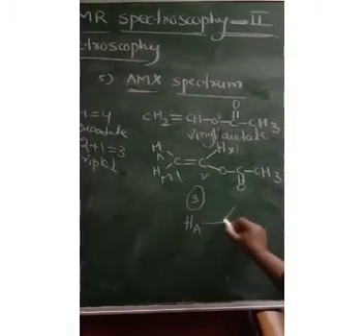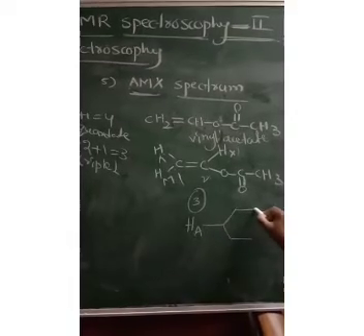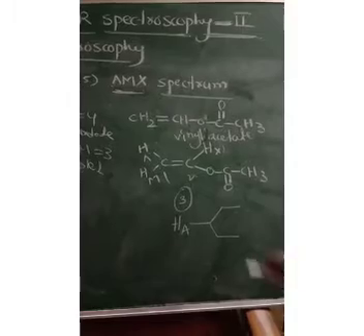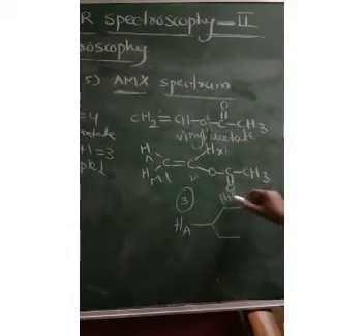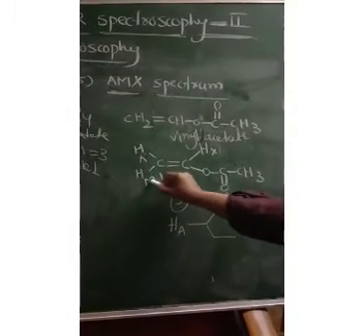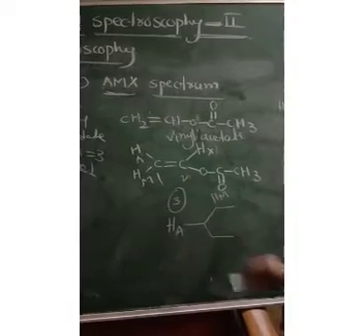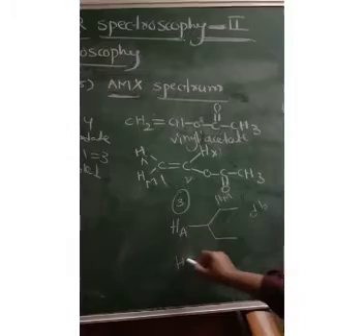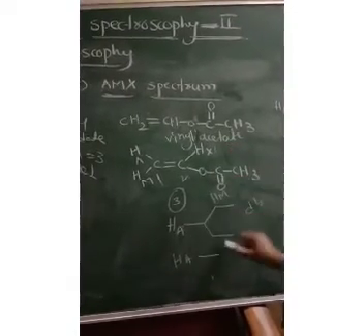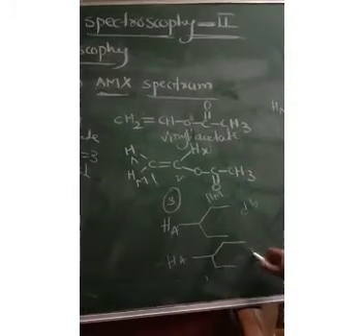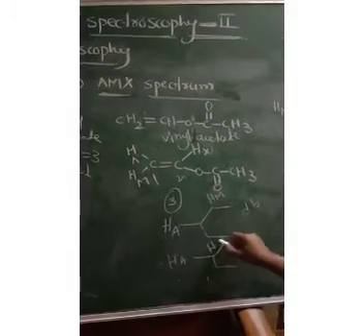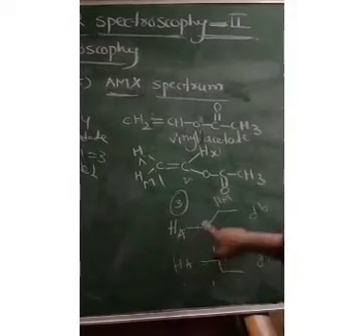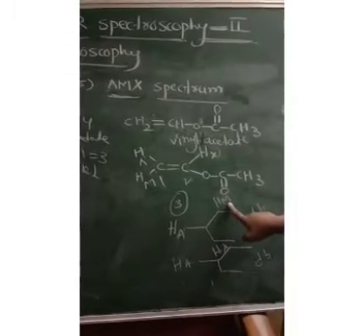HM is only one proton, so it gives a doublet according to the n+1 rule, and HA according to HX also gives a doublet.